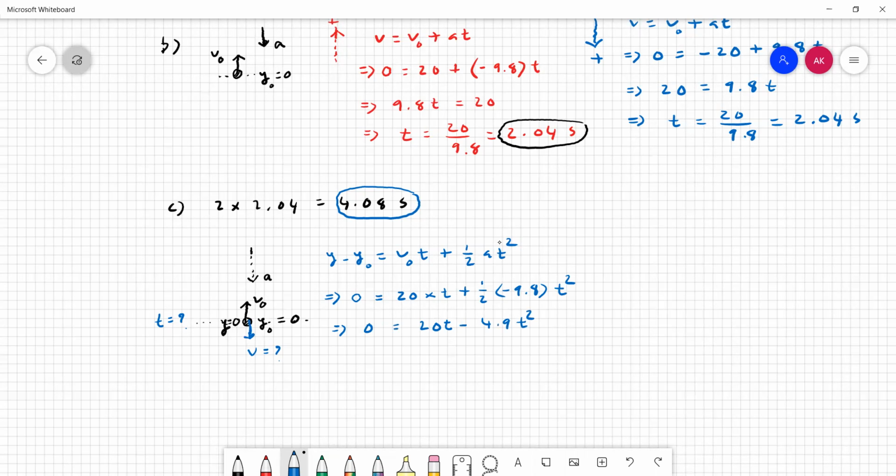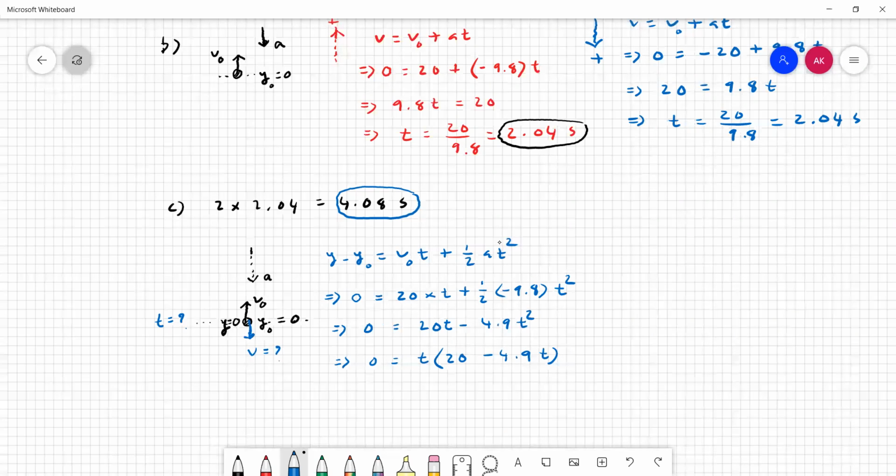So this is a quadratic equation. But this is a simple quadratic equation because the constant term, the third term in this equation, is 0. So what we can do is factor out T on the right-hand side. So what should be in the parentheses? What should be for the first term? 20 minus 4.9T. Good.